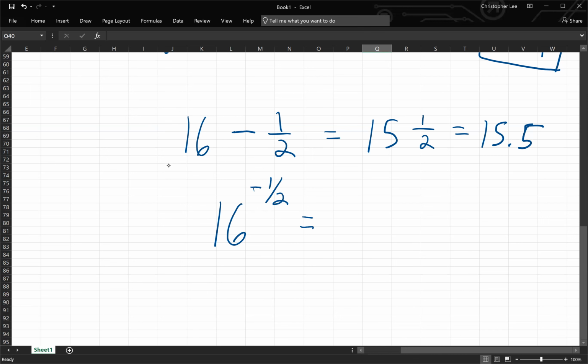Right? So it's negative, so what's gonna happen first? It's gonna go in the denominator, so it's gonna be 1 over 16 to the 1/2 power. And then what's 16 to the 1/2 power? Good. So it's just 1/4. That's it.